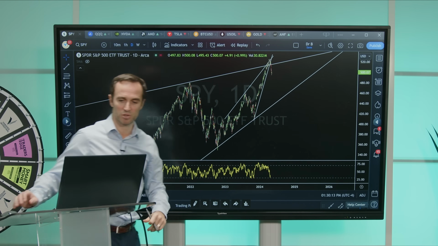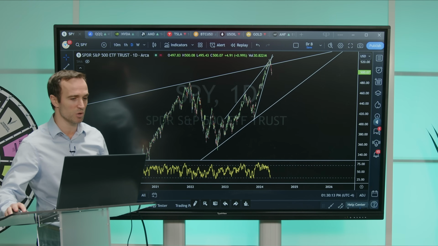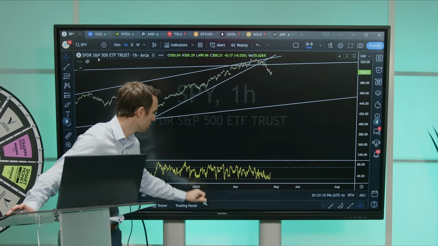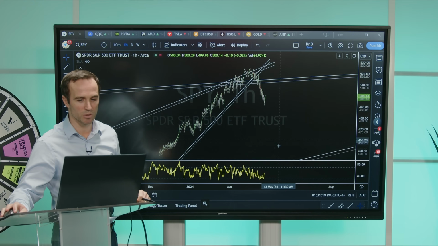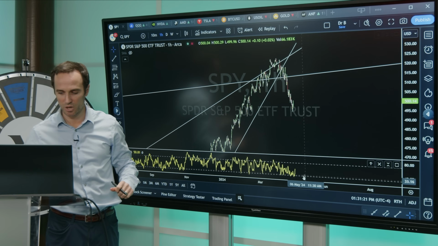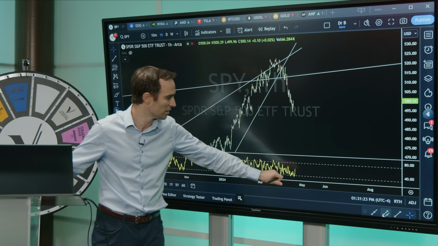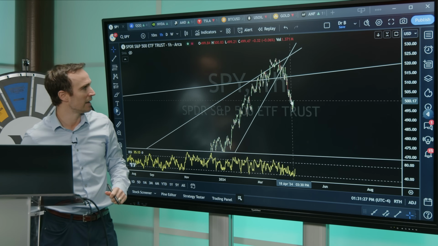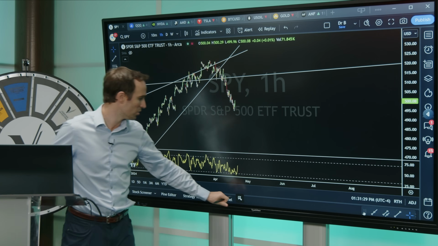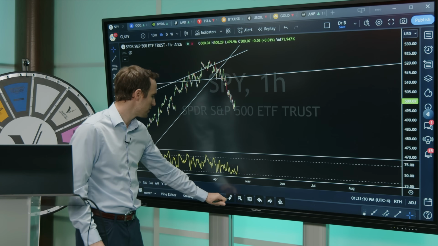Now, on a short-term basis, we are oversold on the S&P. You can see that right here, let me just pull up the hourly chart. On the hourly chart, your RSI is 30, okay, or it was 30 here before we've had a little bounce today. And we did put in also a falling wedge pattern, right?